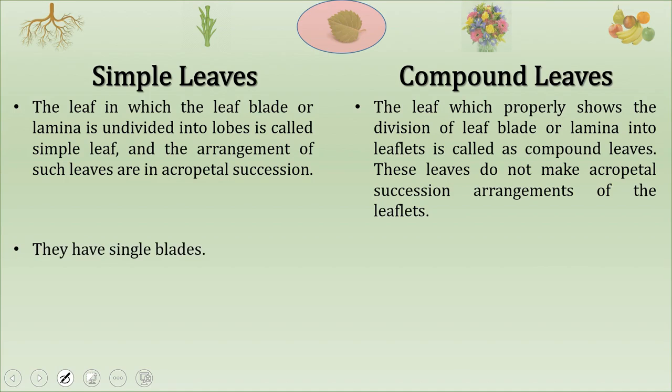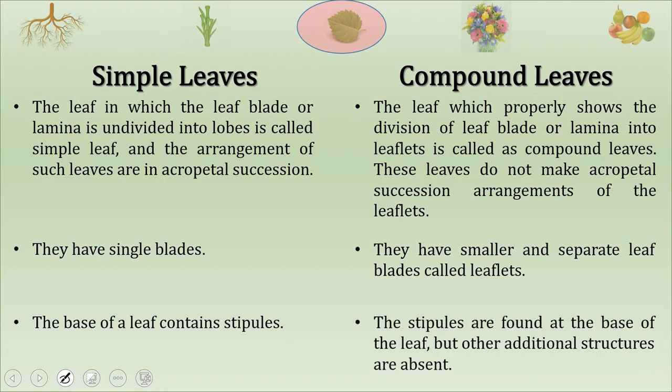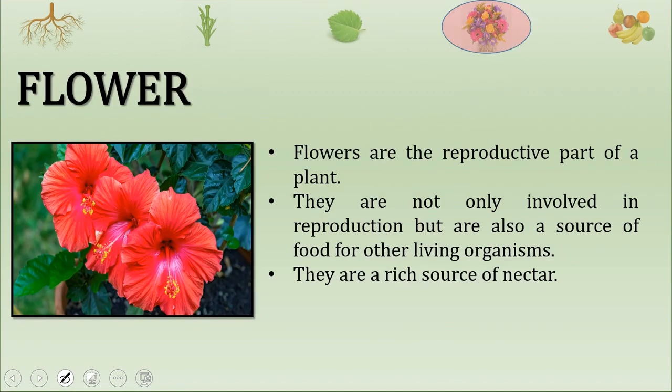Next, simple leaves have single blades, and compound leaves have smaller and separate leaf blades called leaflets. In simple leaves, the stipules are found at the base of the leaf, but other additional structures are absent. So these are the differences between simple leaves and compound leaves.